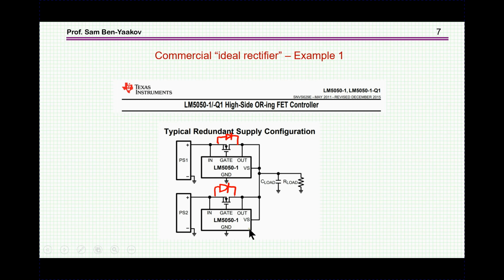This is the LM5050 from Texas Instruments, or actually originally from Linear Technology. Here we see that the two sides are sampled, and the transistor is turned on when there is a current flowing in this direction, and when the voltage at the output is higher, or if there is an intention of a current to flow in this direction, it'll be turned off.